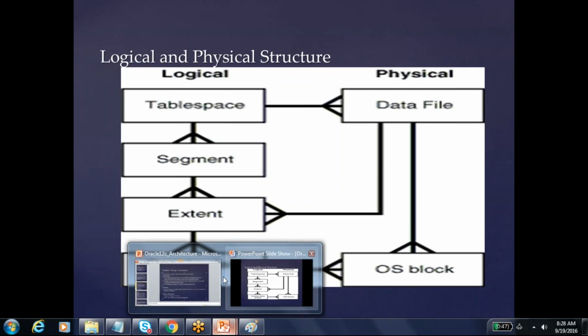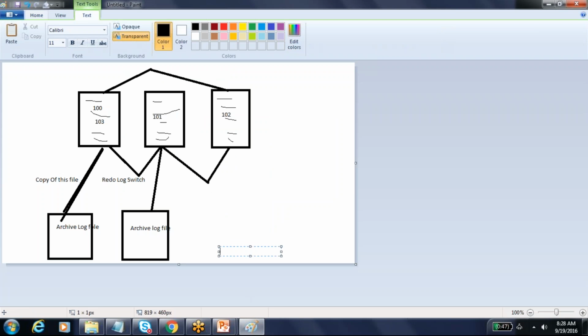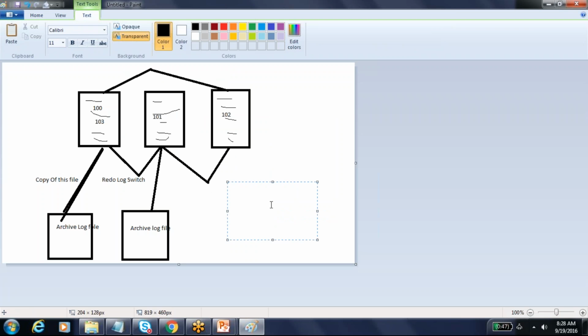let us go back to MS Paint. Let me save it, or maybe let us form it here only. Just assume I gave a create statement for a table and made a size of 4 MB, by default 4 MB. So what will happen?